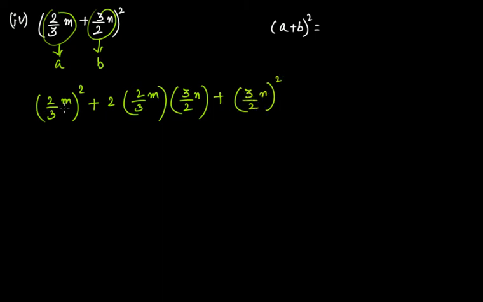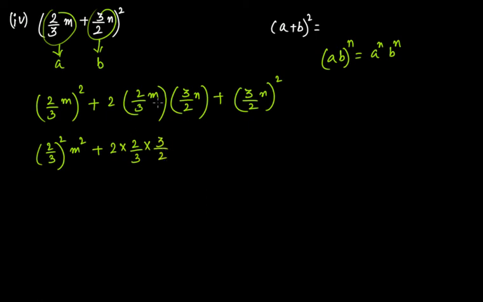Now this is (2 by 3 m) whole squared. It's of the form (ab) raised to the power of n, it is equal to a raised to the power of n multiplied by b raised to the power of n. So this becomes (2 by 3) whole squared and m squared, plus 2 multiplied by 2 by 3 multiplied by 3 by 2 and this is mn, then plus the same formula here, this becomes (3 by 2) whole squared and this is n squared.